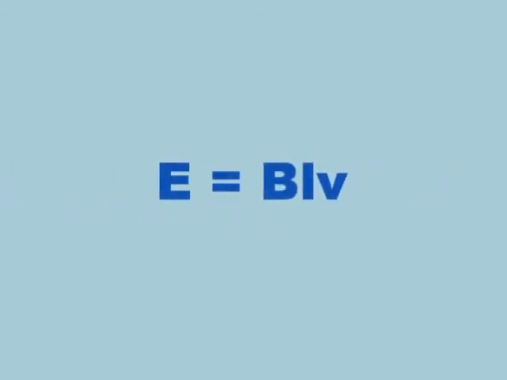Therefore, the value of induced voltage across a conductor terminal is E equal to BLV, where E is the induced voltage, B is flux density, L is the length of conductor in magnetic field, and V is the relative speed of conductor.